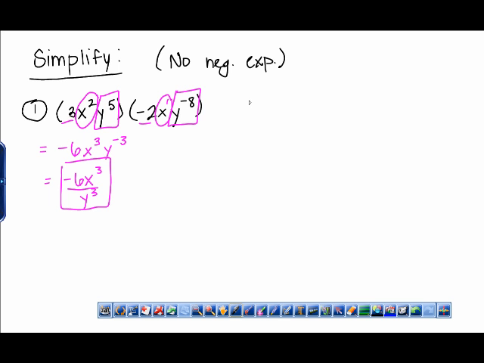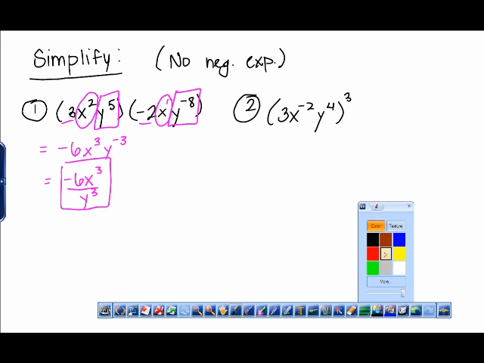Okay, let's try another one. Let's say in parentheses, and sometimes we call this quantity, 3x to the negative 2, y to the 4th, and then the quantity cubed. All right, so what we need to do here, if you remember, we just got to take each thing. So 3 cubed, that's 27. And again, it might do you well to brush up on your squares and cubes, just the basic ones.